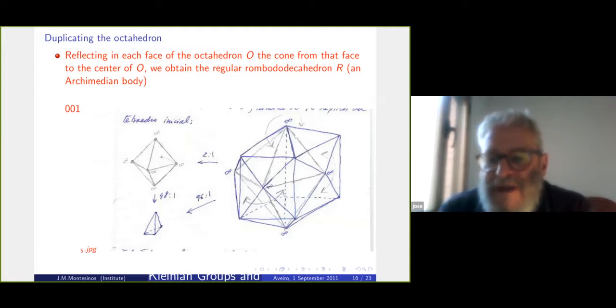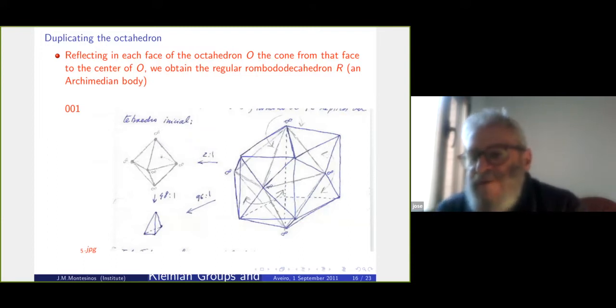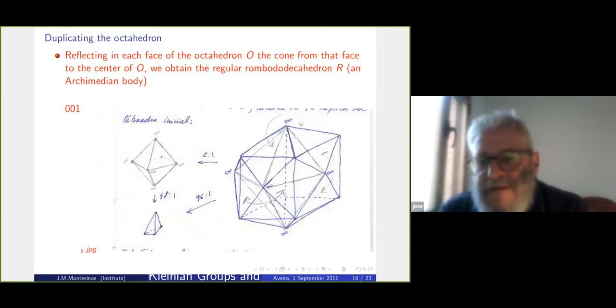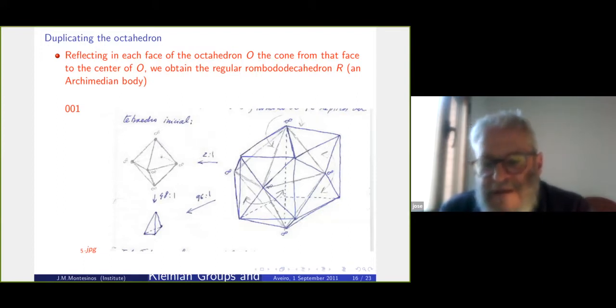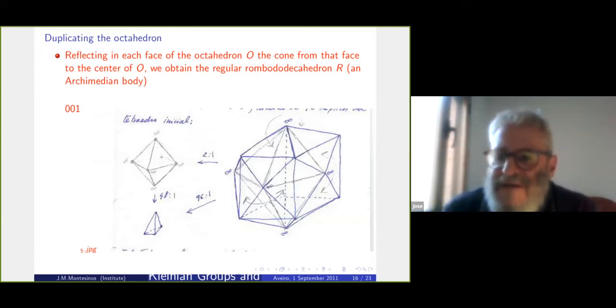What is a rhombic dodecahedron? It is just you put some pyramids on top of a cube in such a way that the new faces produce a body which has only 12 faces. This is a rhombic dodecahedron. And now you see in a rhombic dodecahedron there are 2 types of vertices.